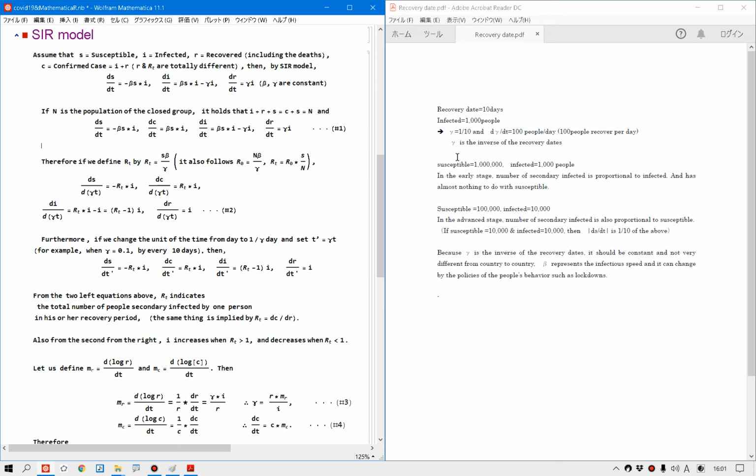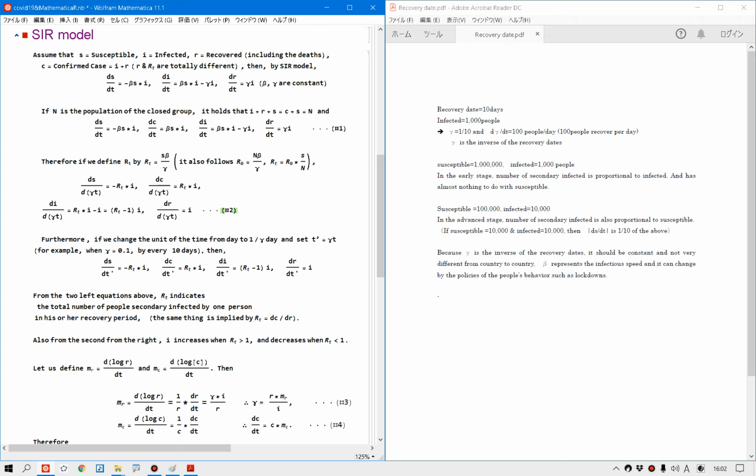While beta depends on social behavior or lockdowns and many things, so it can change. So that's a difference. Is it okay so far? So we get the basic equations.